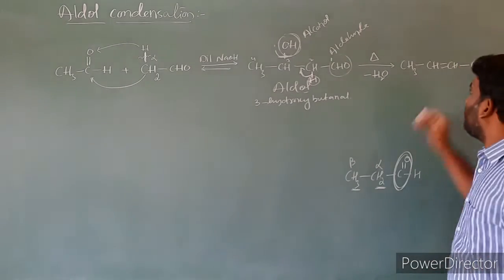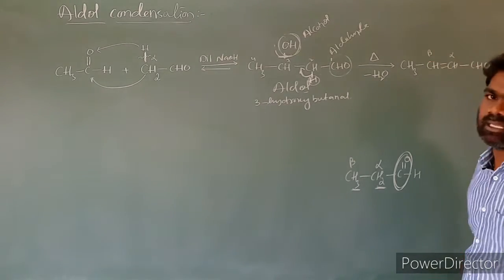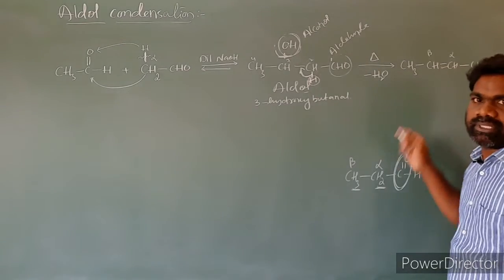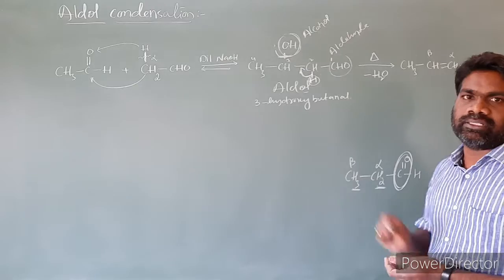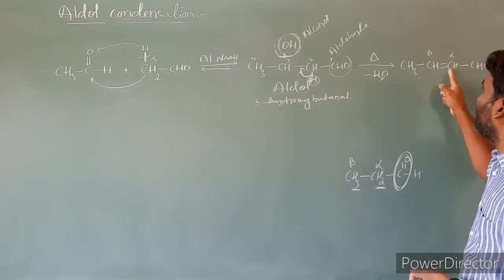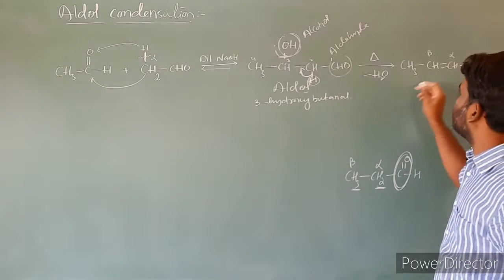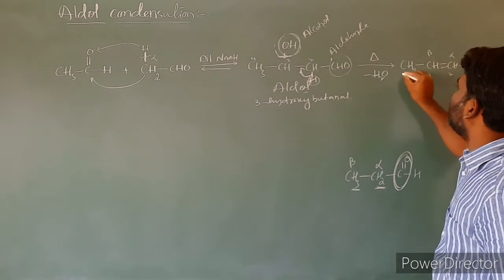This is the alpha carbon, and this is the beta carbon. So between the alpha carbon and beta carbon there is unsaturation. So we have to call it an alpha beta unsaturated aldehyde. But you can also take the IUPAC name of this compound. This is 1, 2, 3, 4.